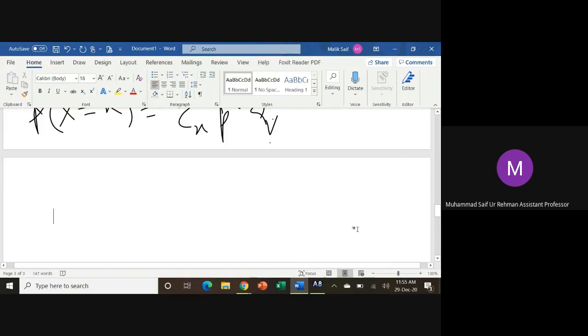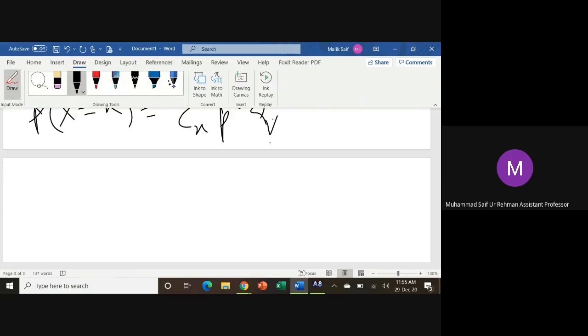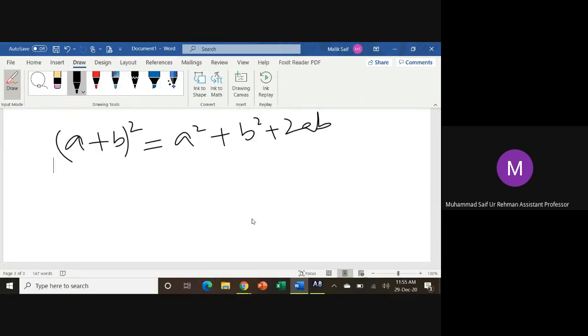If you see the case where we normally have (a plus b) power 2, we normally know that it is equal to a square plus b square plus 2ab. So we can have this equation using the binomial formula.